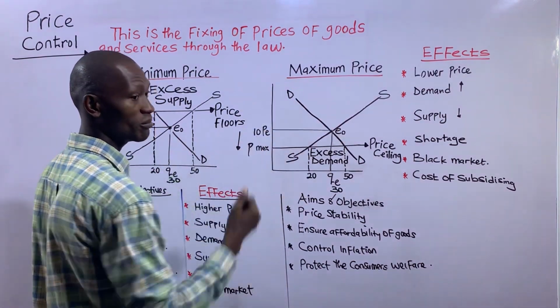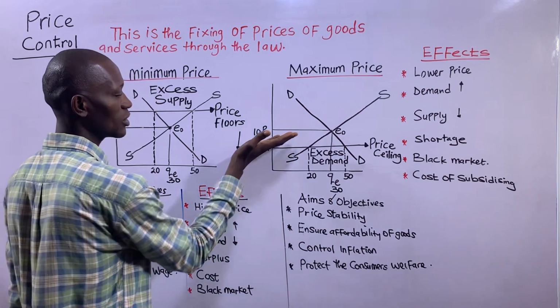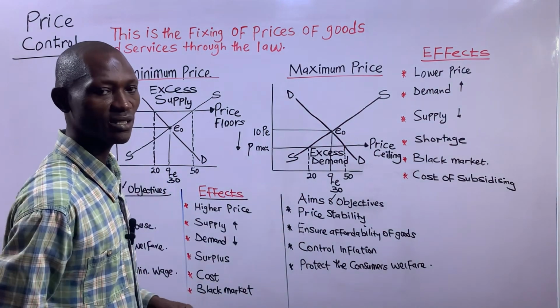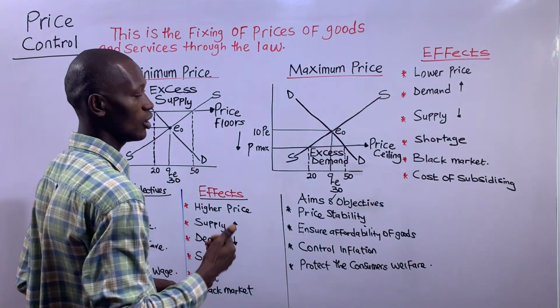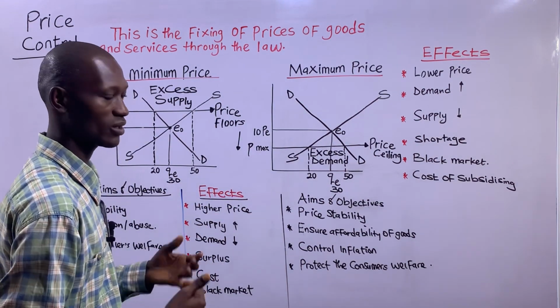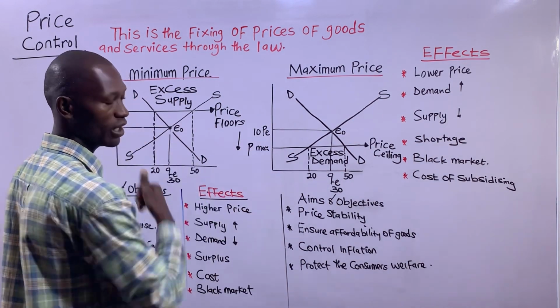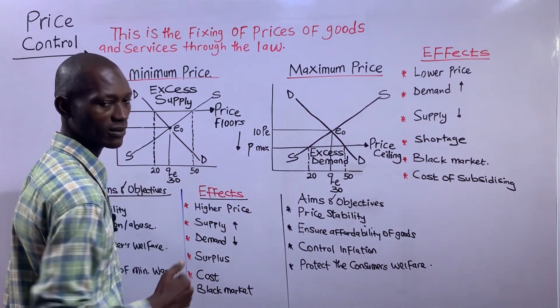This is the equilibrium price. So what the government is saying is that this equilibrium price is relatively very high. So the government is downplaying the price of that particular good or service to below the equilibrium, which is PMAX.